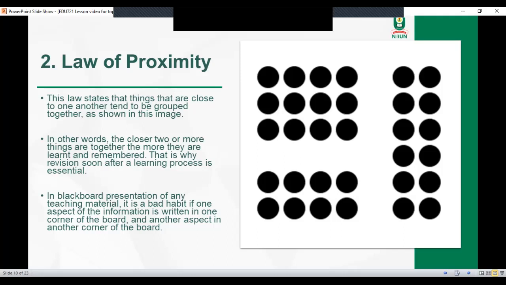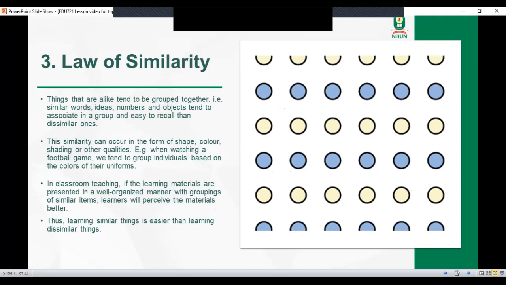So we go on to the 3rd law, that is the law of similarity. The law of similarity states that things that are alike tend to be grouped together. That is, similar words, ideas, numbers, and objects tend to associate in a group and are easy to recall compared to dissimilar ones.